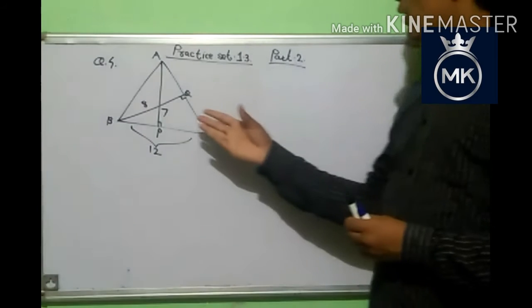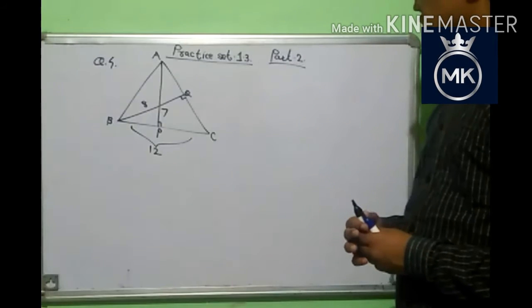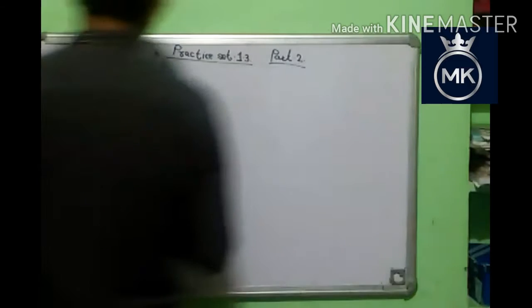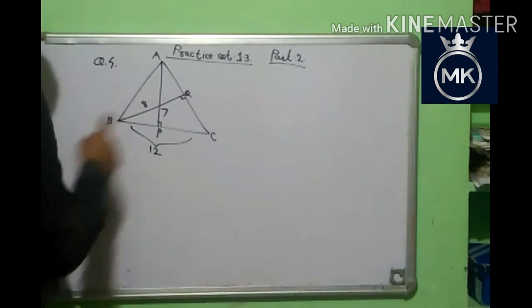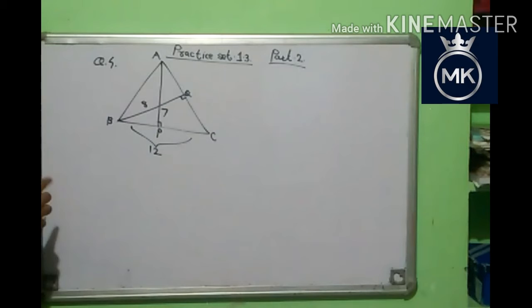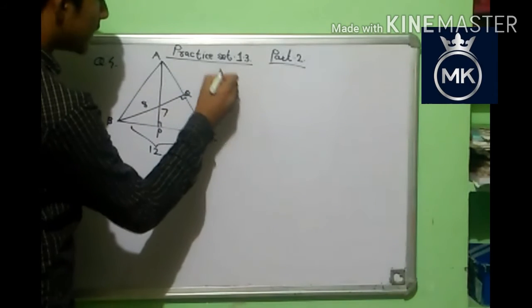In this question we are given the triangle ABC, and in this triangle BQ is perpendicular to the side AC and AP is perpendicular to the side BC, and we are given the values of some segments or sides, and we have to find the value of AC.